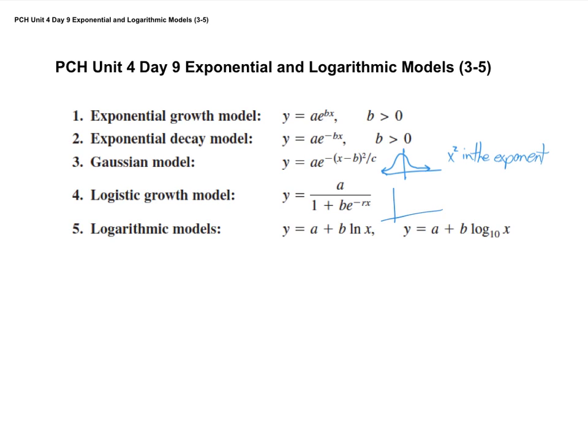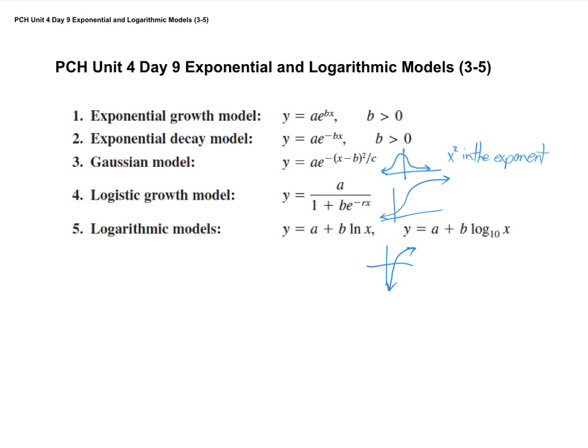The one thing to remember here, and we'll see this clearer later when we look at the application, is that it has a horizontal asymptote on the top and the bottom. It's not like the logarithmic function. Remember the logarithmic function, we learned the parent for this. It looks like this, and it continues to increase. Its range was all real numbers.